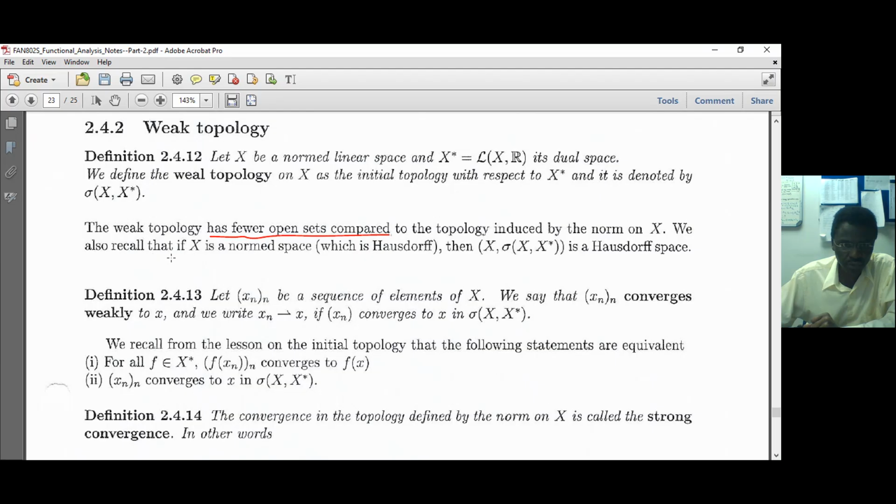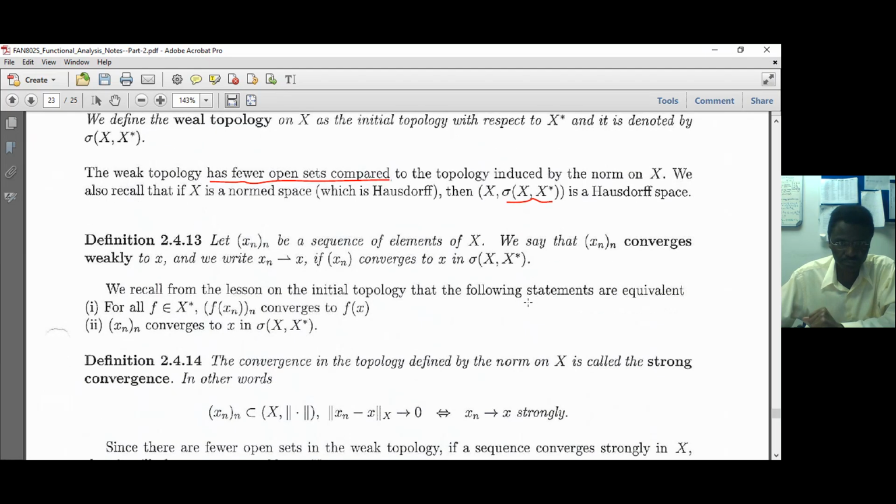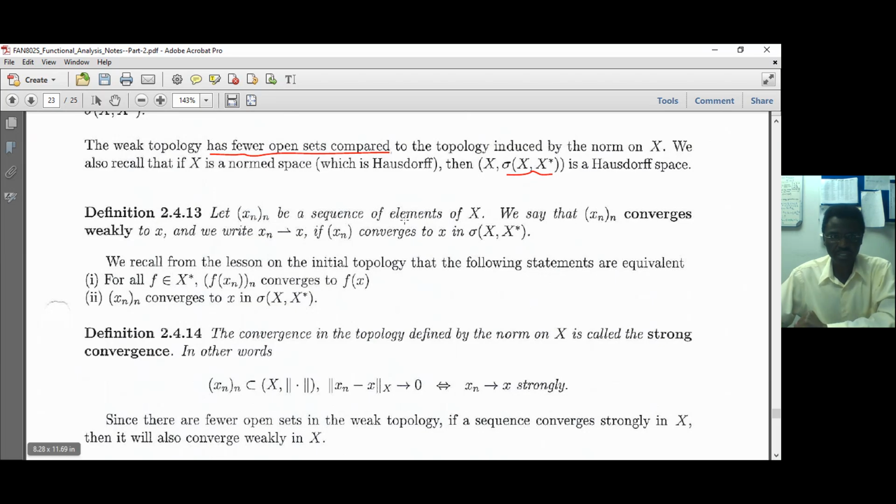We also recall that X is a norm space, therefore it's Hausdorff. Then X with the weak topology, this is how you should read it, is Hausdorff, no problem.